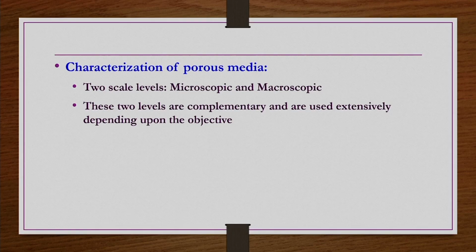The characterization at these two scales is in general complementary. We cannot say one is superior to the other. Sometimes both characterizations may be used, but the majority of the time they are used separately for different applications. They are complementary to each other and used extensively depending upon the objective.